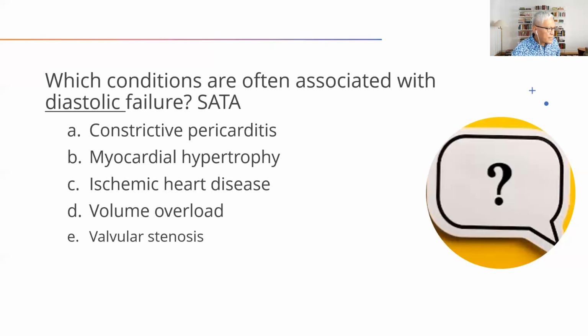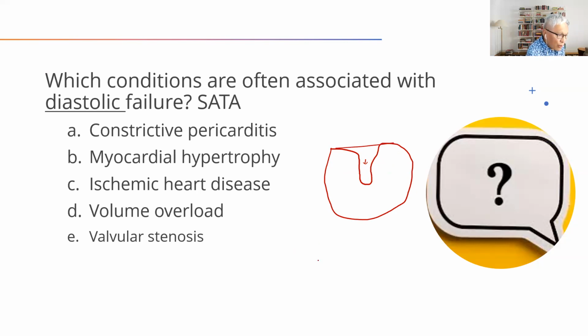Okay, so let's take a look at the choices. So we're looking for conditions that are often associated with diastolic heart failure. So in diastolic heart failure, if you remember the drawing, if this were the heart, the muscles are going to be very thick. And so there's going to be less blood right over in the ventricles that can be contained.